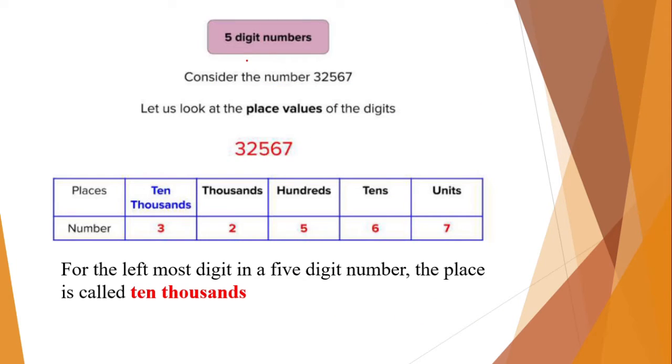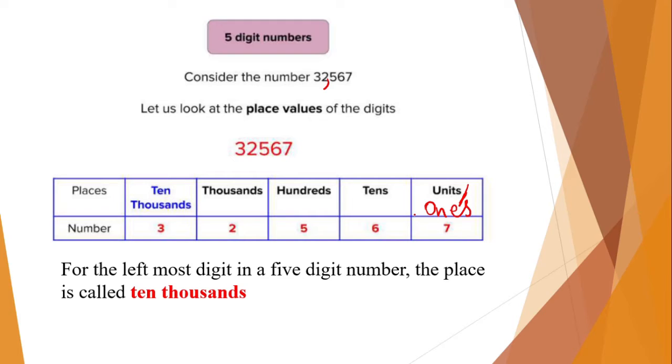So, five-digit numbers. Consider the number 32,569. The place value chart will be, first we have the units place, which is also known as ones. You can call it units or ones, anything.